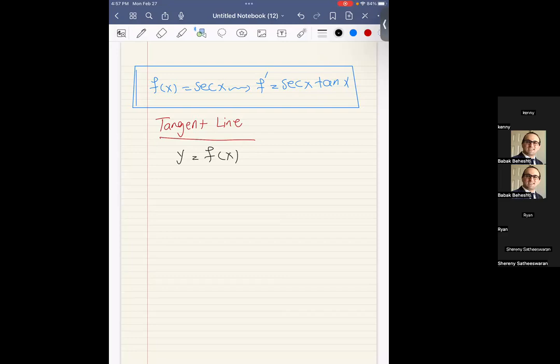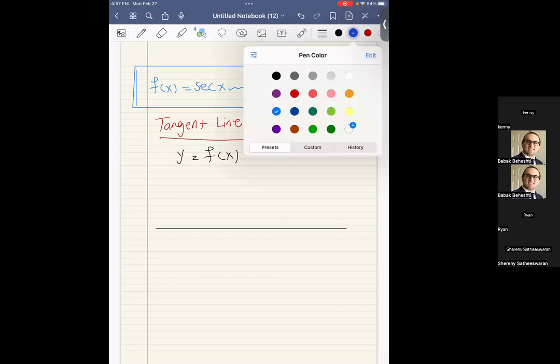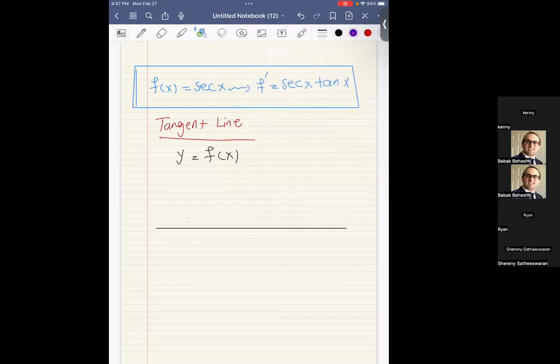Let me draw the graph. For instance, something like this. Okay. So this is y equals f of x.